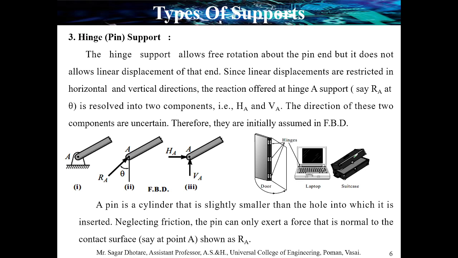Next one is the hinge support. First of all, let us understand the application. Whenever you open and close any door, at the connecting point there is a hinge attached to the wall. The door is attached to the wall with the help of the hinge. So the hinge only allows rotational motion.